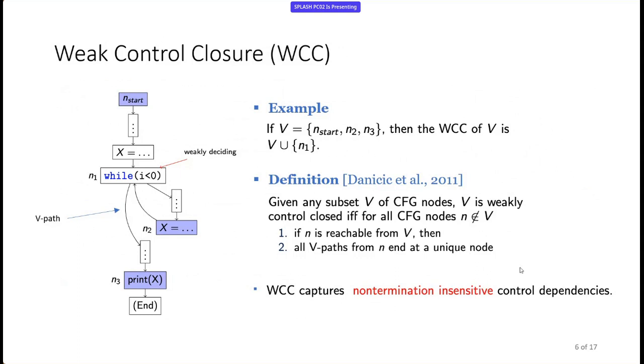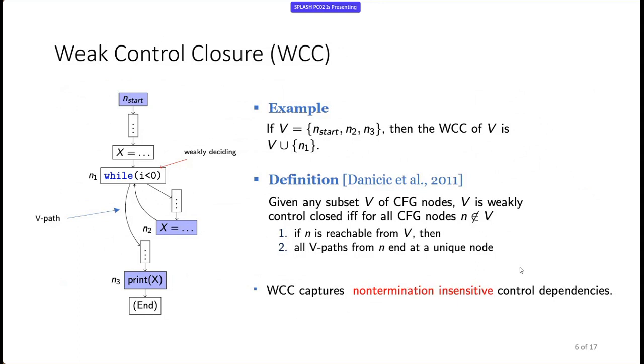Suppose we are given a set V of control flow graph nodes that includes the start node, node N2 and node N3. If we look into the node N1, we see that there are two paths from N1 to node N2 and N3. These two paths end at a node in V, and no other nodes in between are from V. So we call such paths V paths, and these two paths are disjoint.